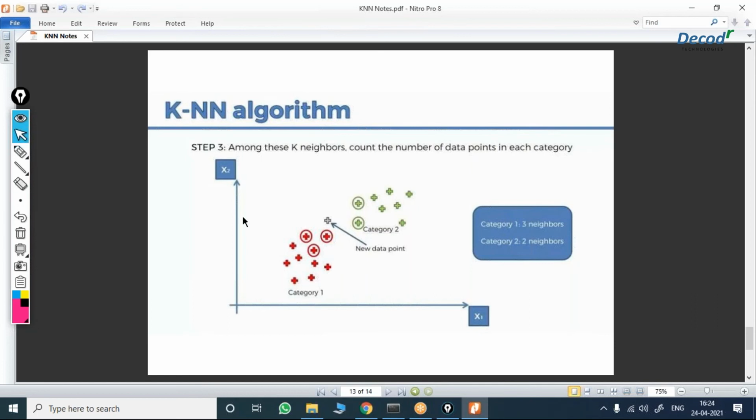Up to here it is common. If it is a classification problem, it is identifying the class. Let us take a regression problem: each neighbor has a value, let us assume 2.2, 2.3, 3.4, 5.8, 6.2. I'm writing arbitrary values, whatever it is.